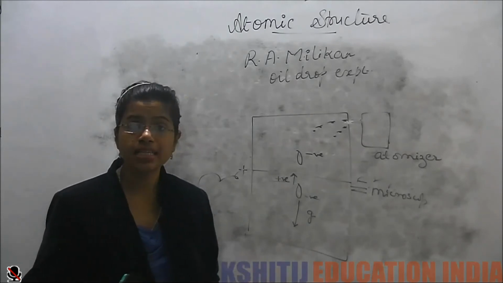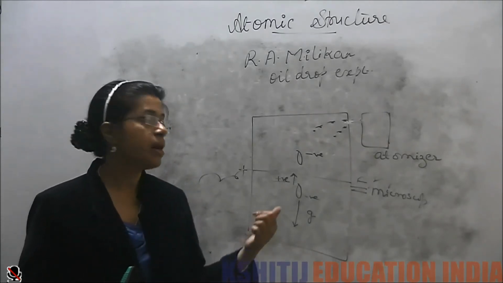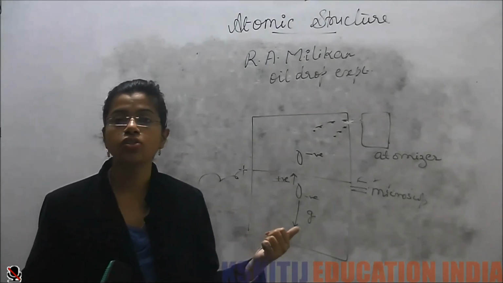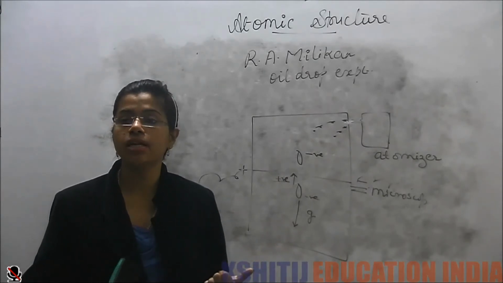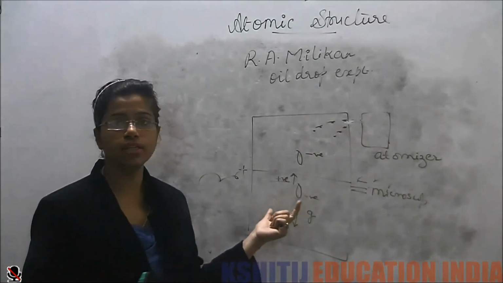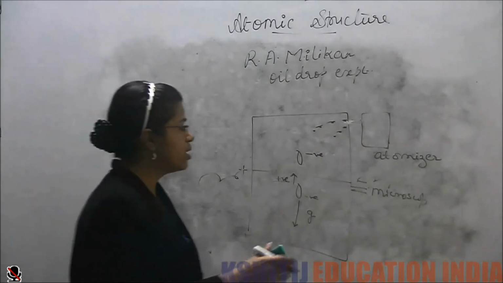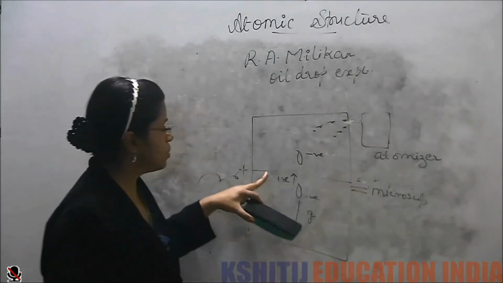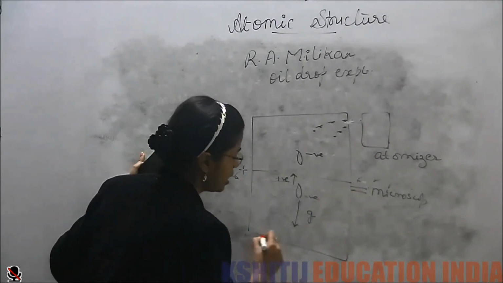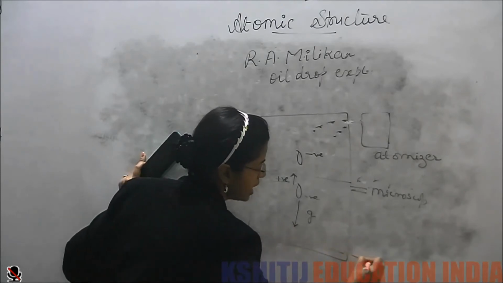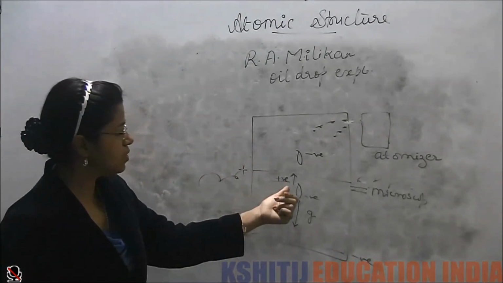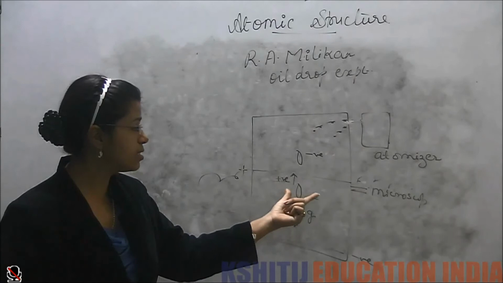Since we already know the mass of the electron, we can easily calculate the charge of the electron. Here this was the positive plate, and here we had another electric plate which carried negative charge, and in this way the balance was maintained.